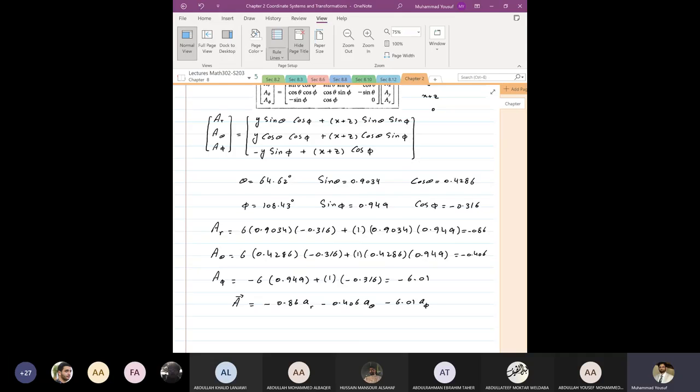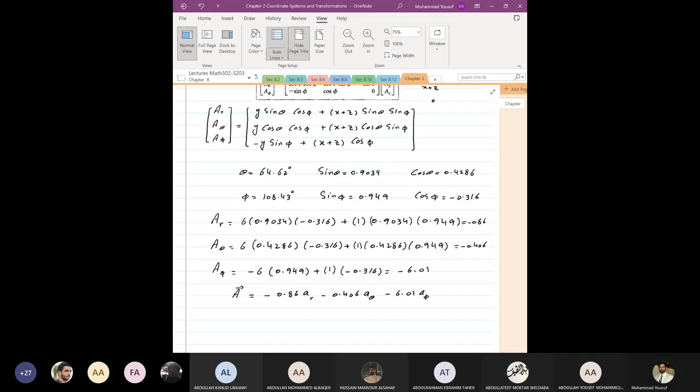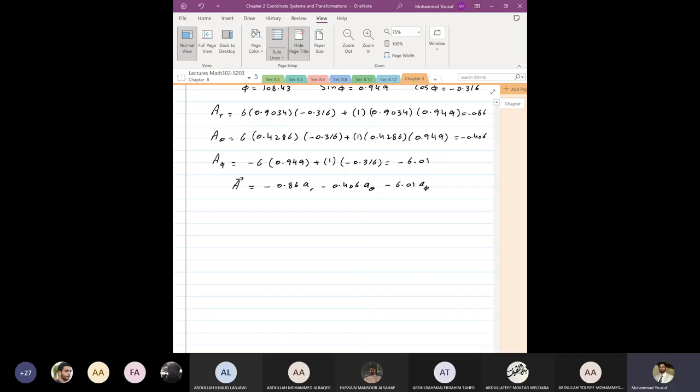It means this vector is in spherical. Convert into Cartesian. And no point is given, and therefore this will be simply symbolic. No numbers, no calculations. You just convert into symbols using the transformation equations.